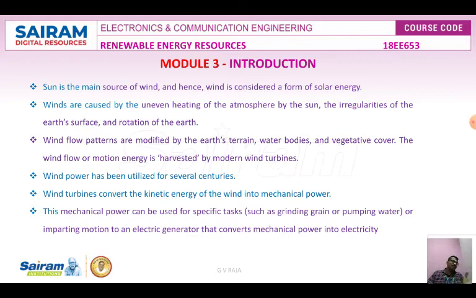Whenever the wind falls onto it, it will rotate and drive the turbine. But that energy is not sufficient to produce electricity. For that purpose, we are adding one more component.